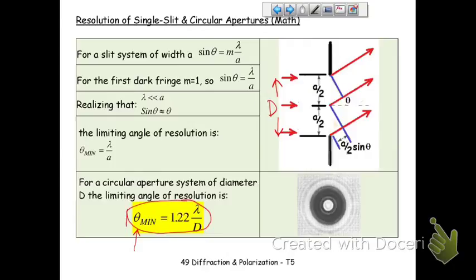I can get a small resolving angle by making my D really big, a big wide telescope. 8 inches, 14 inches, not 2 inches. And the other possibility is you reduce your wavelength.